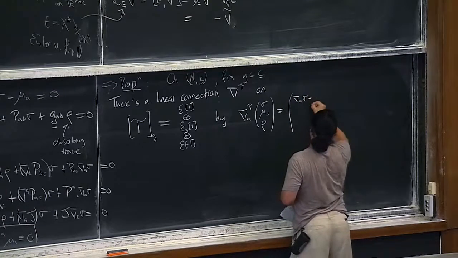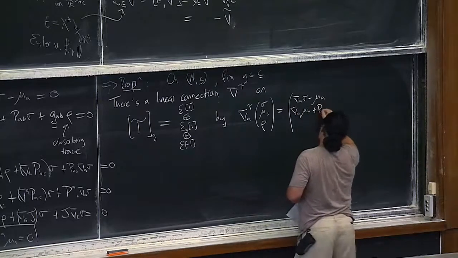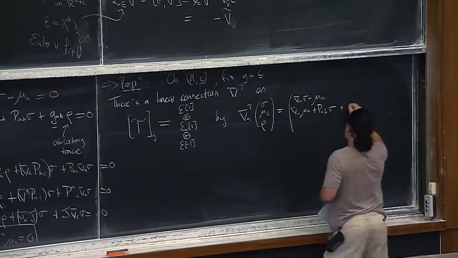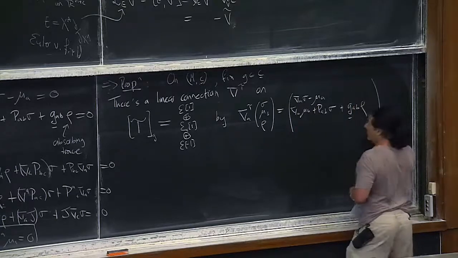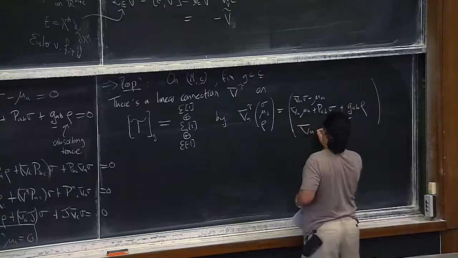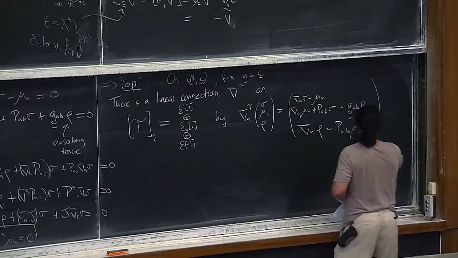So grad A sigma minus mu A, grad A mu B plus rho A B sigma plus conformal metric A B little rho, and then grad A rho minus Schouten A B mu B.